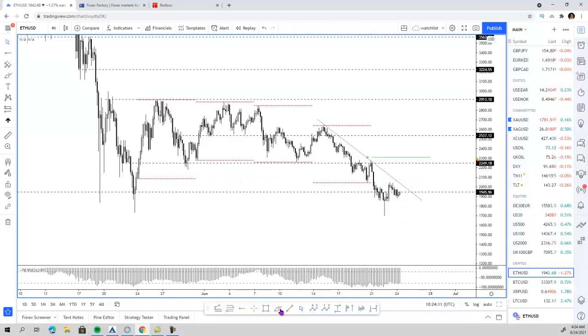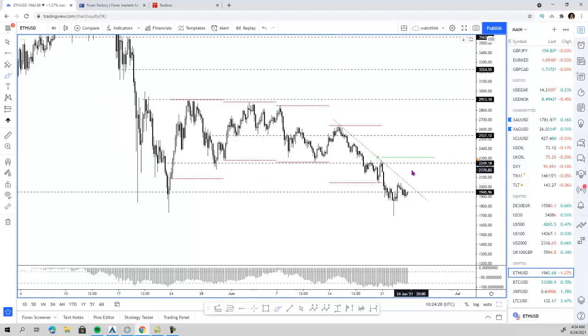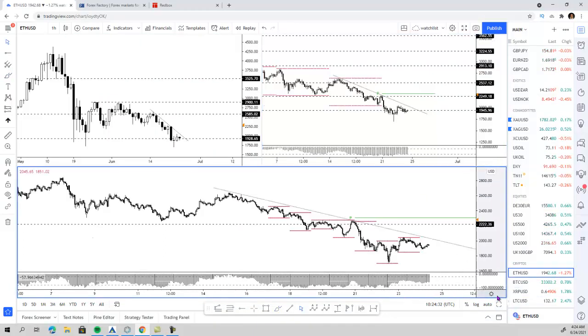What I would like to see is a break of this level, the 2250 level, and price stabilizing above that level for us to be able to find a good risk to reward opportunity on Ethereum, right? But I mean, this is a big if.